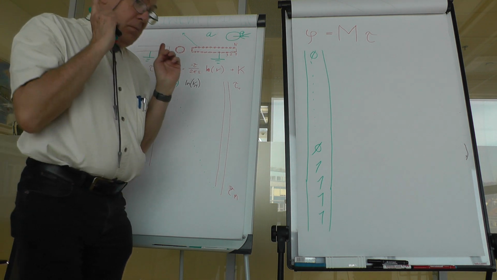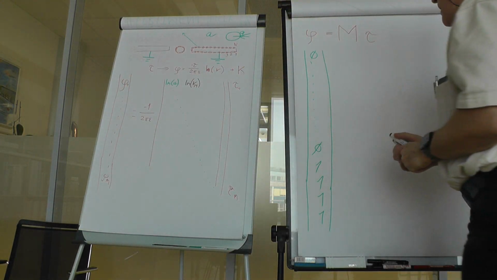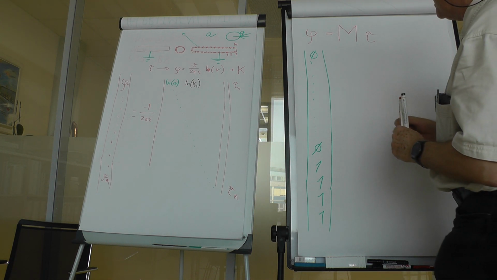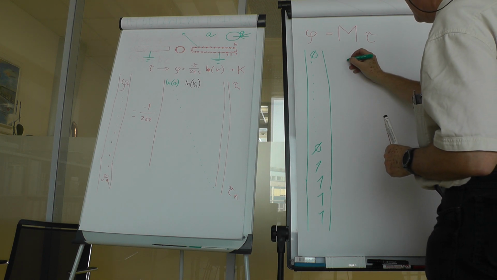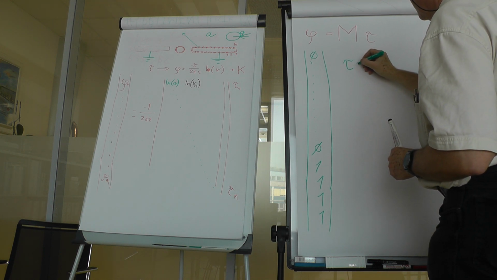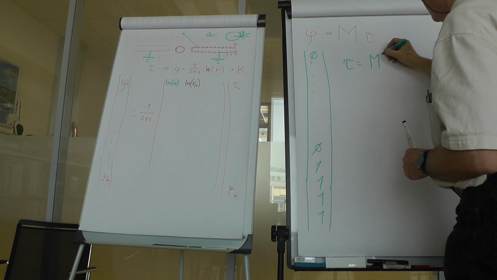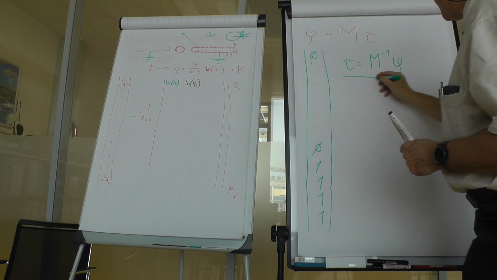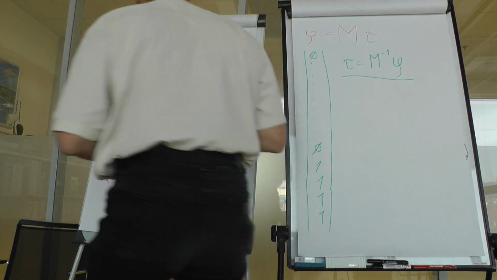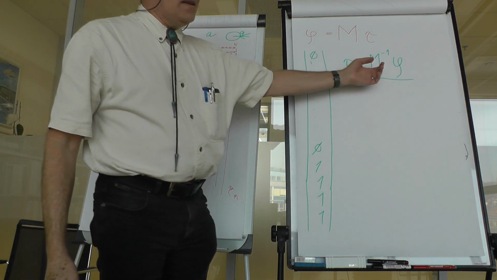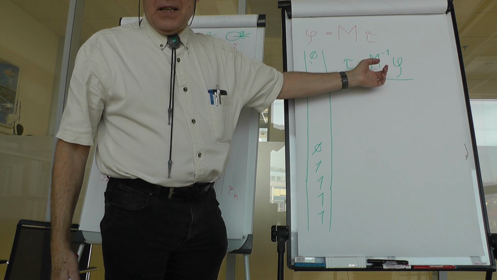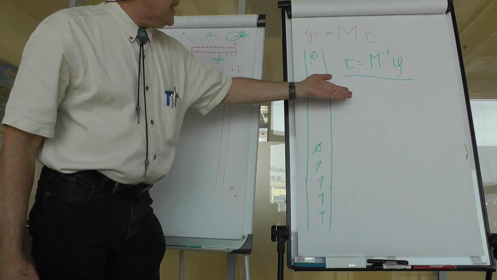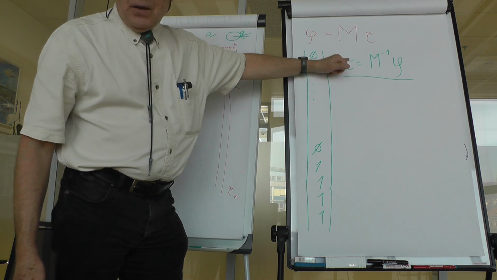So now if I have a numerically sound case, I could find out the charges just by inverting the matrix M. If it's not singular and if it's not ill-conditioned, I can invert it and get the set of potentials tau.